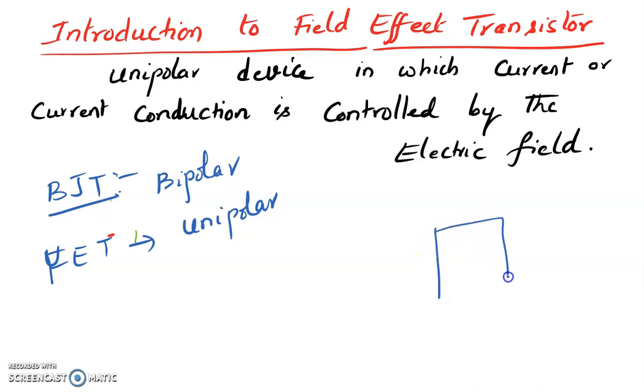So, for example, if you take a BJT, bipolar junction transistor, this is the base, say IB is flowing, and this is the emitter, and this is the collector.